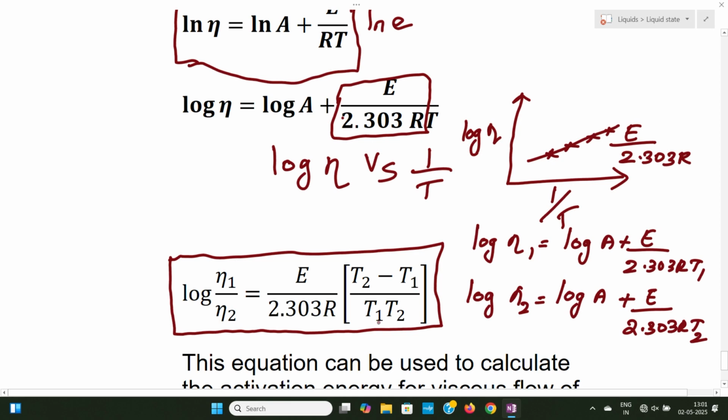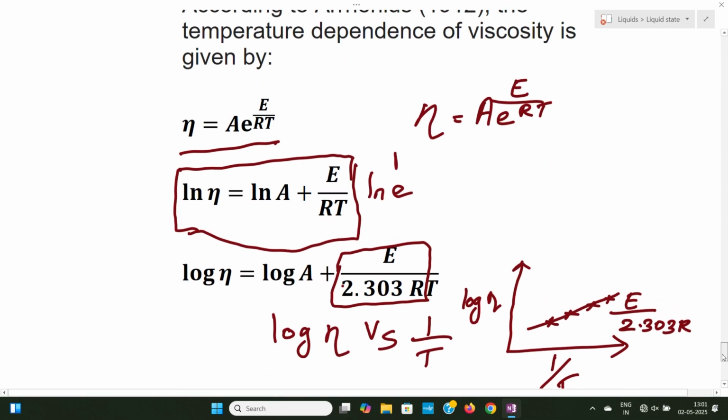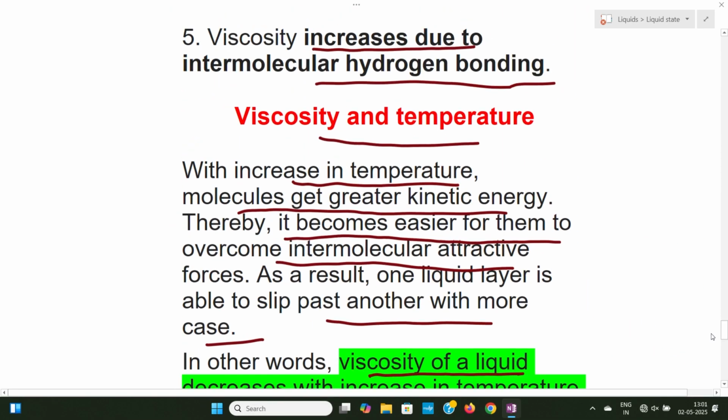So this is the equation which can be used to calculate the activation energy for viscous flow of the liquid. So this is about the temperature dependence of viscosity.